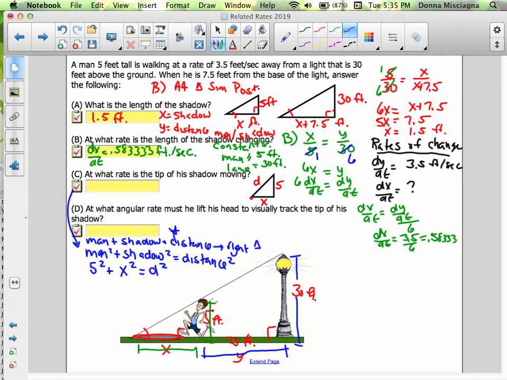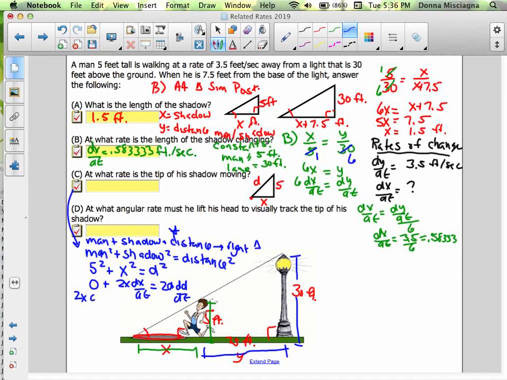All right, so now we can take the derivative. The derivative of 5 squared is 0. The derivative of x squared is 2x dx/dt. And the derivative of d squared is 2d dd/dt. We're solving for dd/dt, so let's just divide both sides by 2d.